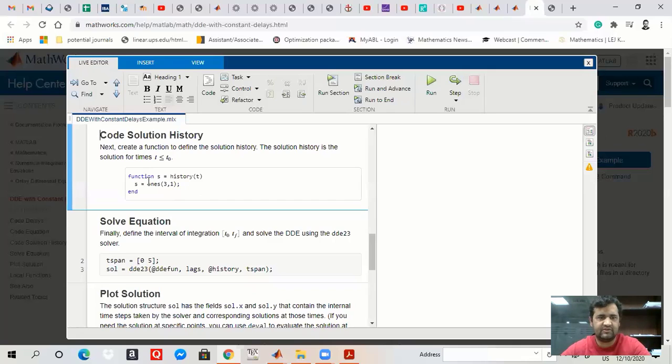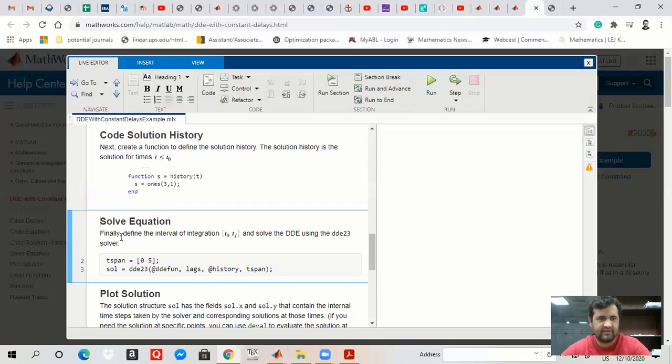It means that I can construct a vector with three rows and one column, and it contains all three components, which are basically 1.